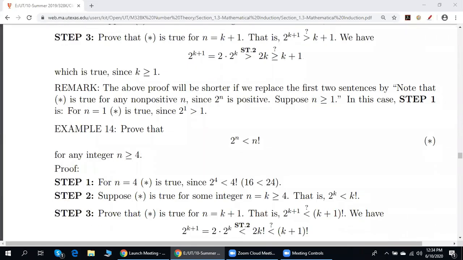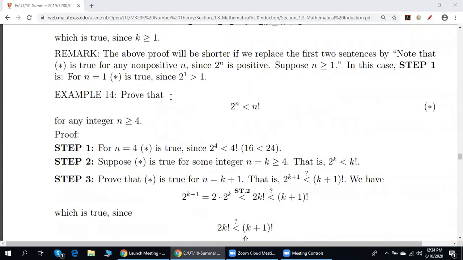All right, let us discuss other examples. Prove that 2 to nth power is lesser than n factorial for any integer n greater or equal to 4. Step 1, show that this is true for the lowest possible n, which is 4. You replace n by 4 here and here.